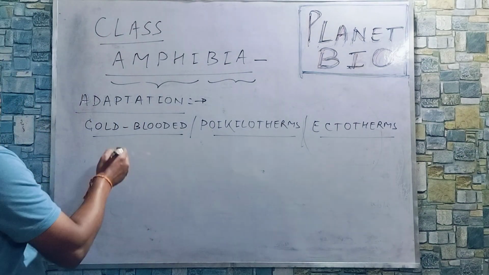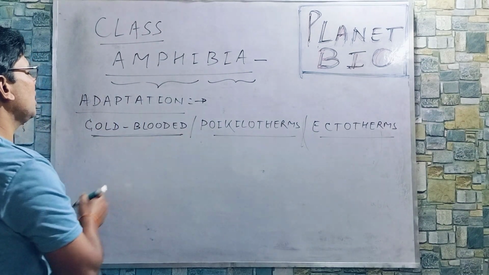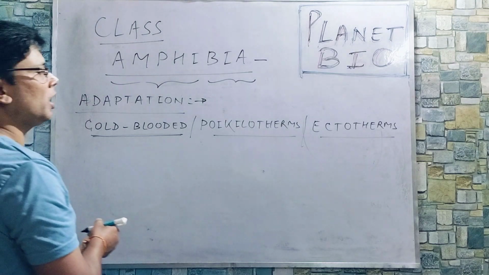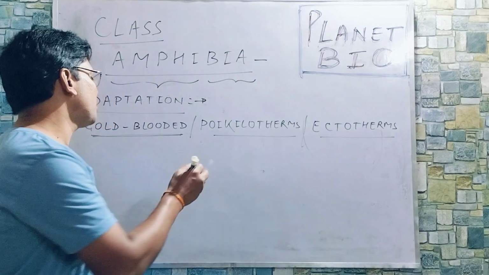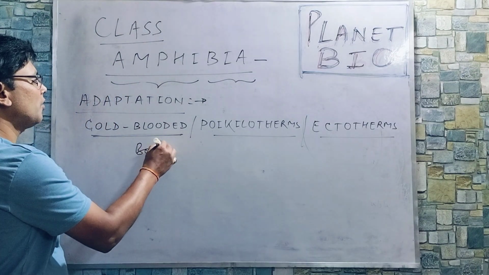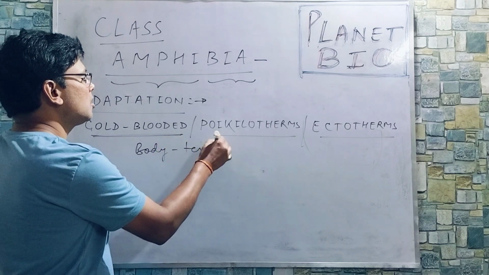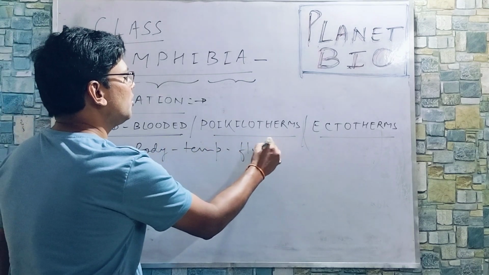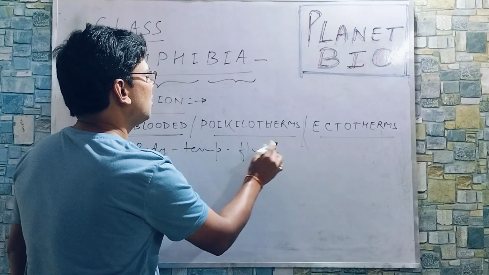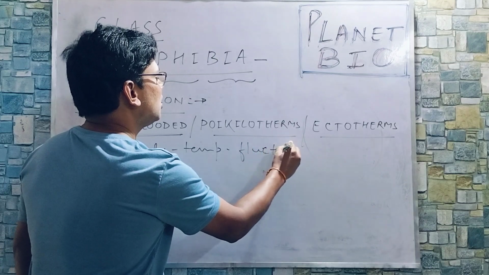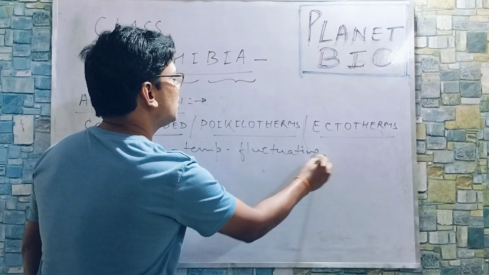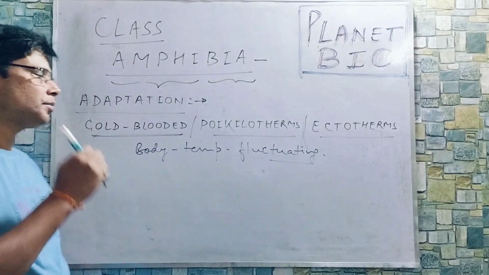So the members of this class are cold-blooded, poikilotherms or ectotherms, which means their body temperature fluctuates with the change in surrounding temperature.